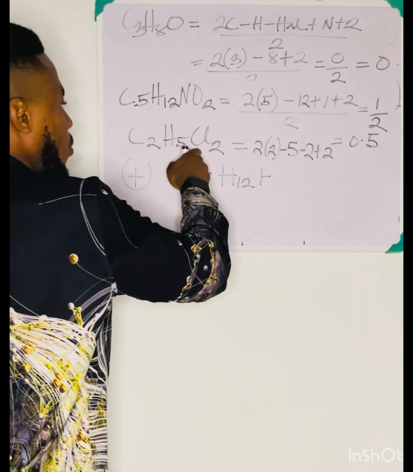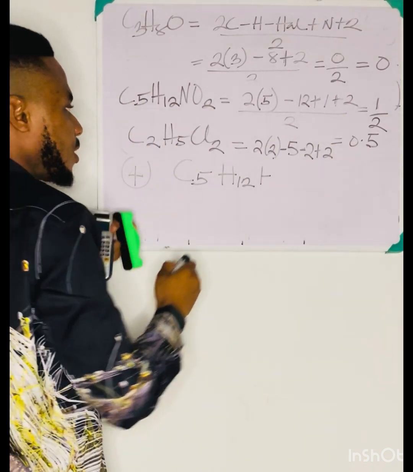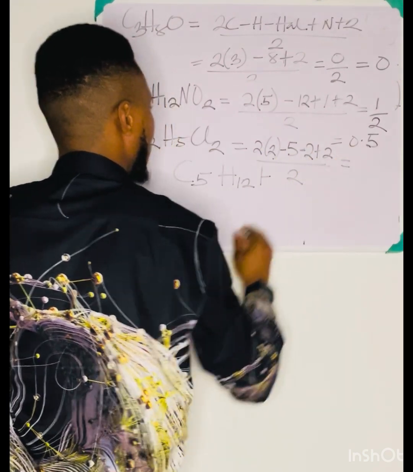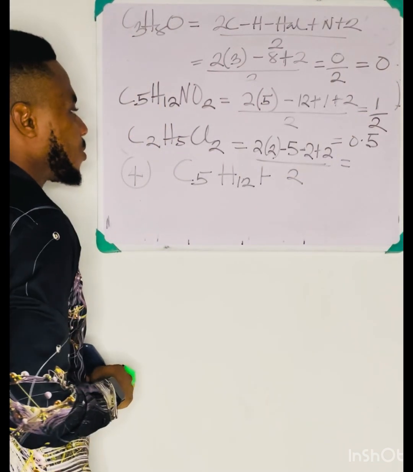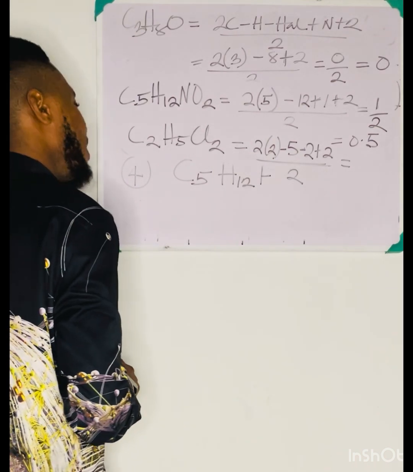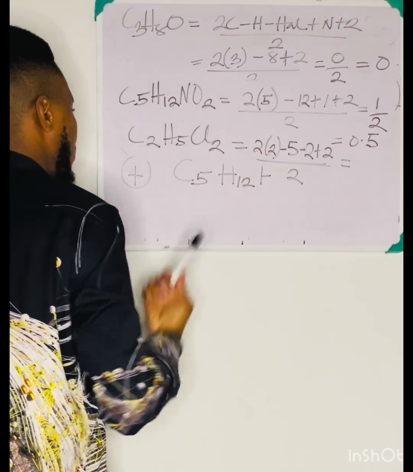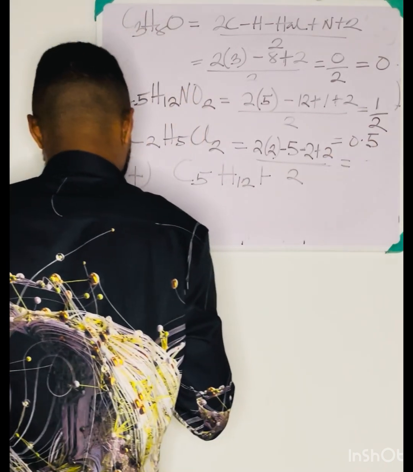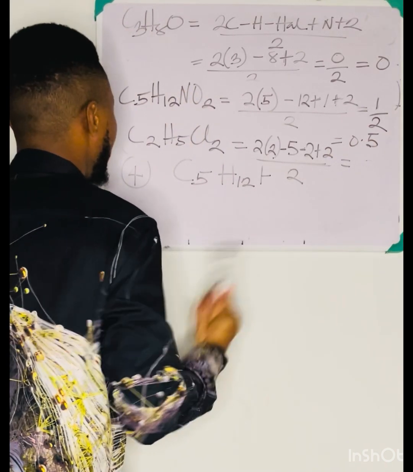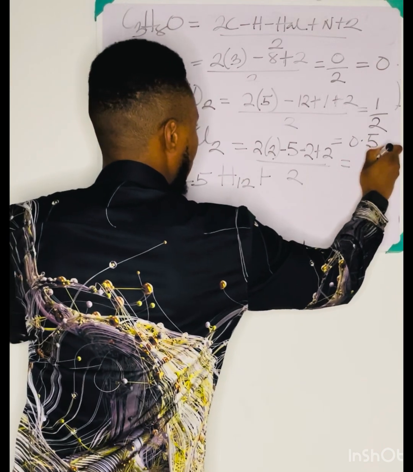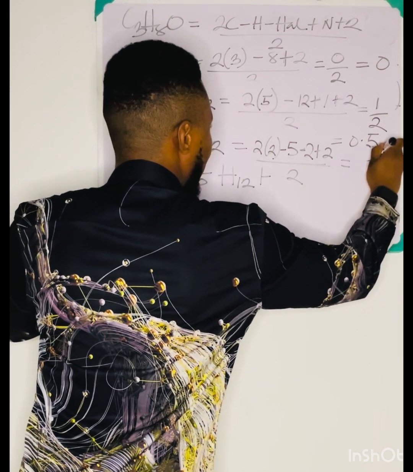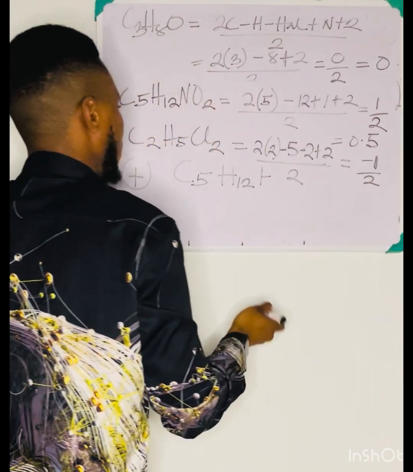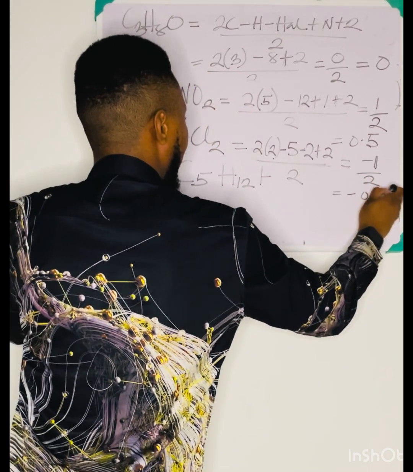This minus 2 is coming from the chlorine here, all divided by 2. Minus 2 plus 2 is already 0. So 2 times 2 is 4. 4 minus 5 is minus 1. So the answer there will be minus 1 over 2, which is minus 0.5.